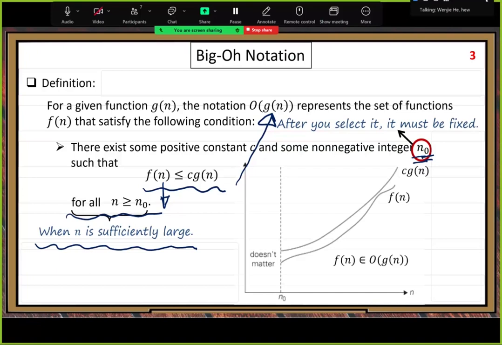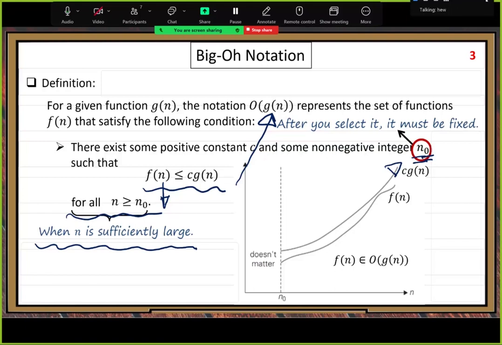So that's the first definition. If we use a graph to see the relationship between these two functions, we can use a constant multiple of the g function. After we multiply an appropriate positive constant c to that g function, we can adjust it.